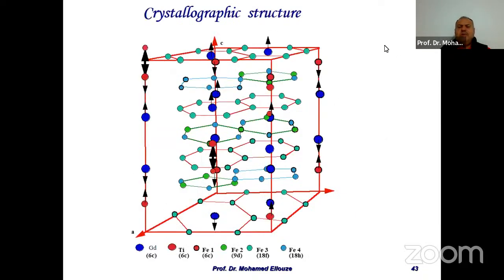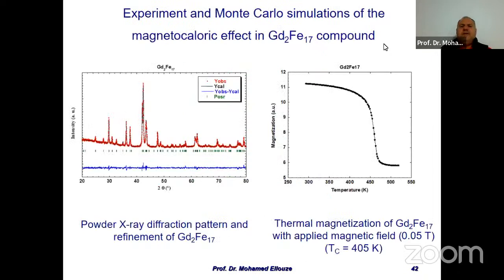Let's now start on another magnetocaloric effect, not in oxides, but in a compound with the formula Gd2Fe17, which is very interesting for magnetization and is non-oxygen.